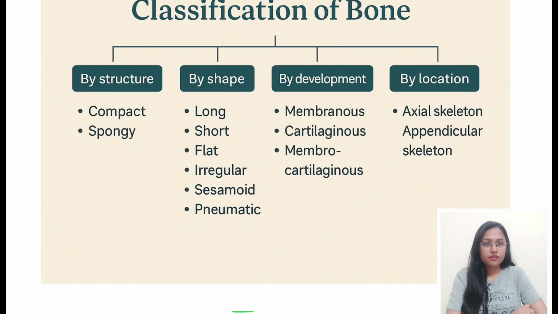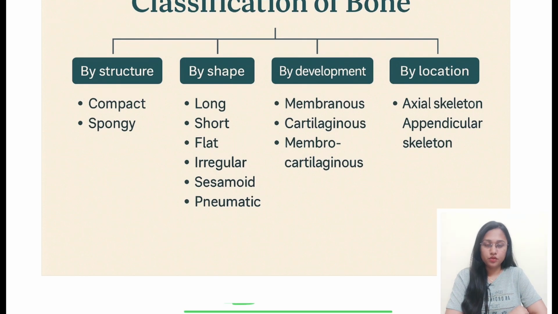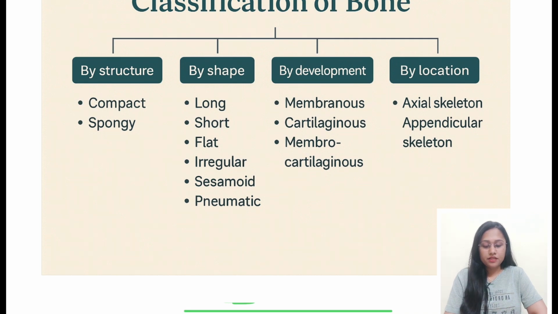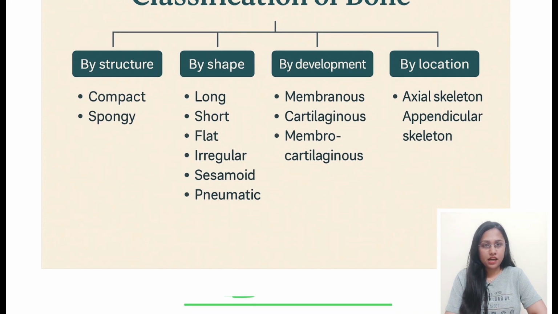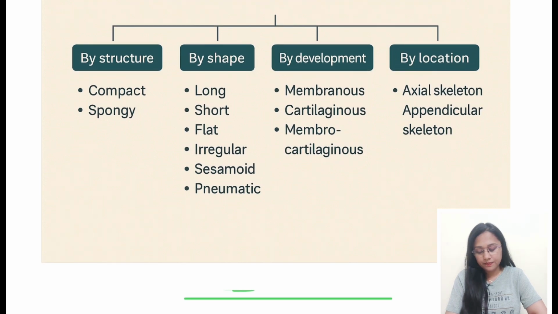On the basis of shape, we commonly know that we have long bones, short bones, flat bones, irregular bones, sesamoid bones and pneumatic bones. On the basis of development, which I have already discussed, it is membranous and cartilaginous. And on the basis of location, it is the axial skeleton or the appendicular skeleton.